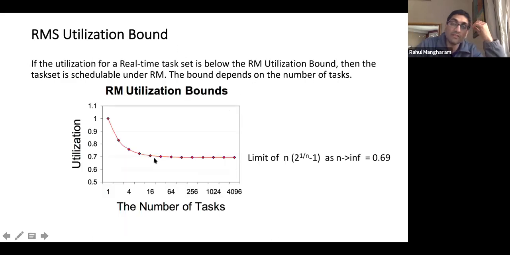And if you extrapolate this to a large number of tasks, it basically saturates to 0.69 or 69% of the processor's total utilization, right? So you give me like 1 gigahertz processor, and in my pessimistic case, I can only guarantee with this upper bound test that up to 69% of utilization, the tasks will be schedulable. After that, I'm not sure.